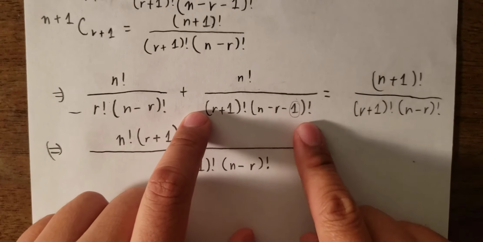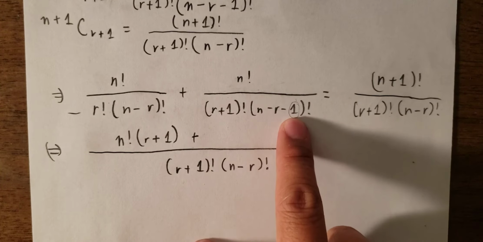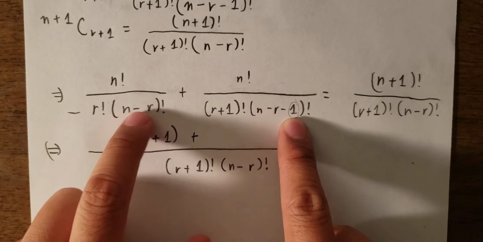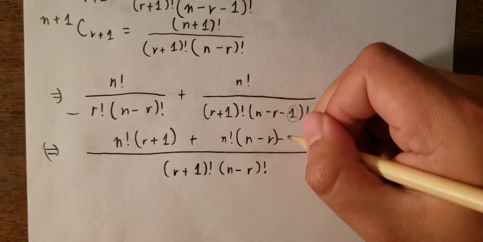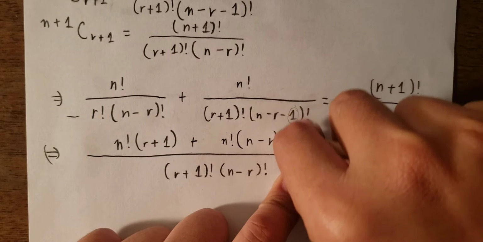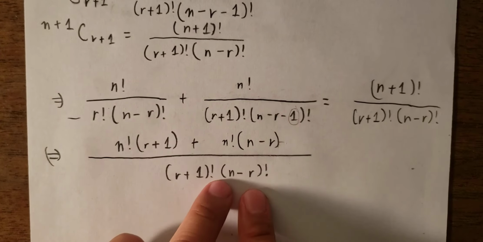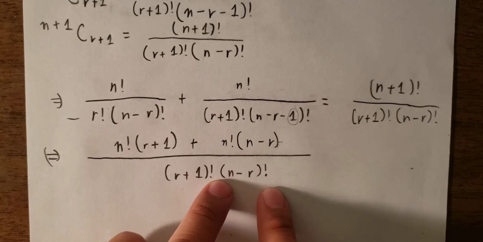In this fashion, this one is below n minus r by 1 unit. So here we will multiply by n minus r, so that it becomes (n minus r) factorial in the denominator.